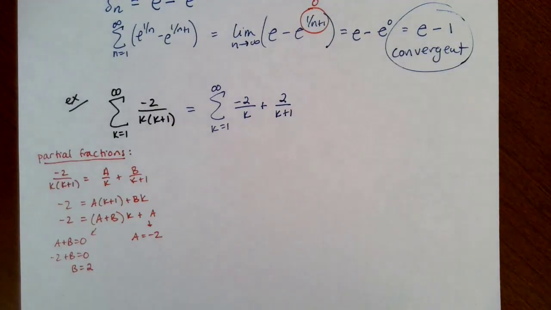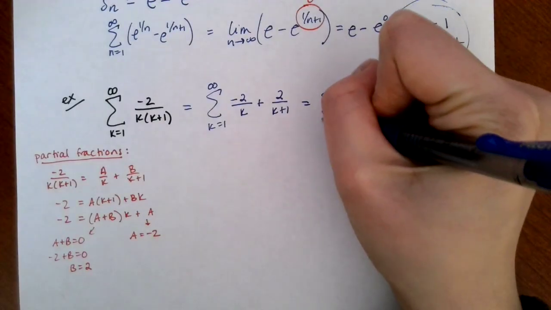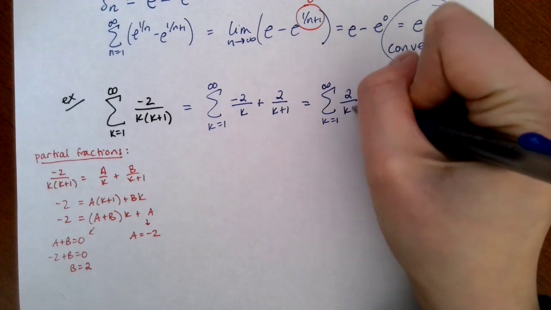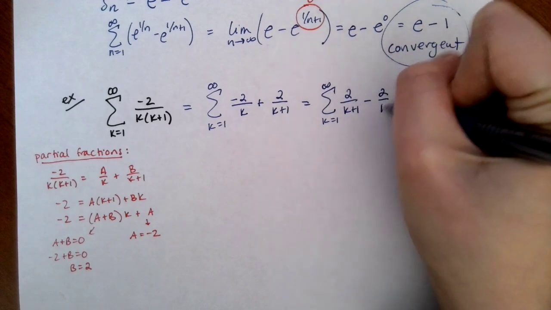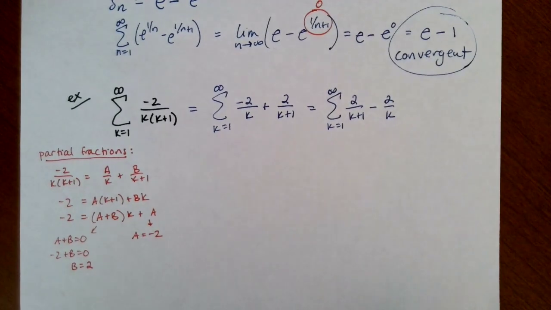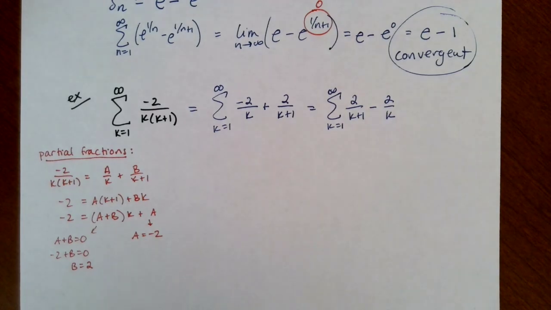Now I have these in the opposite order. This is 2 over k plus 1 minus 2 over k. It doesn't have to be written that way, but you may find it a little more obvious that it's telescoping if you switch it to subtraction. So now it's hinting a little bit more at what it truly is, a telescoping series.